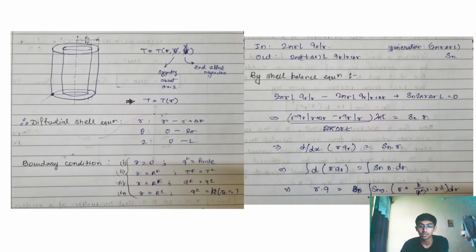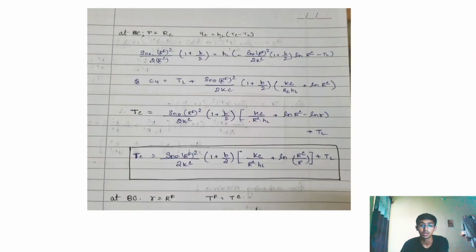For the convection process, we already know Newton's law of cooling. QC, the flux, will be HL times (TC minus TL). TL will be the ambient temperature, and TC will be the surface temperature.